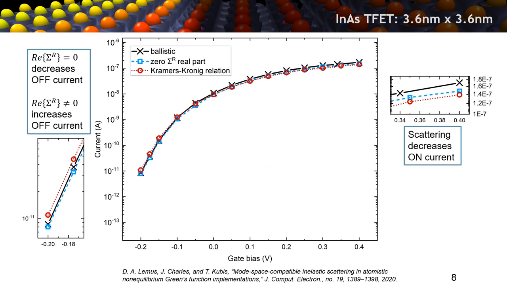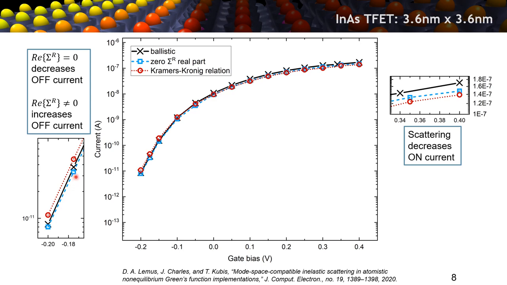Now we show a square 3.6 nanometer wide TFET device where the situation is a little bit different. Like before, the on current is decreased by including scattering without the real part of sigma r, and it's decreased even more with the inclusion of the real part of sigma r. But now we can see that the scattering may not simply increase the off current as before.